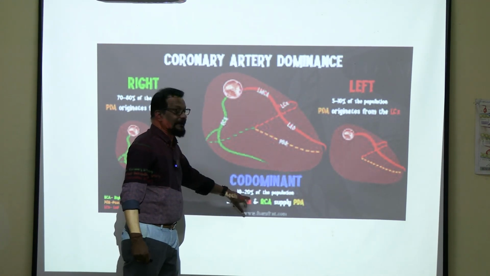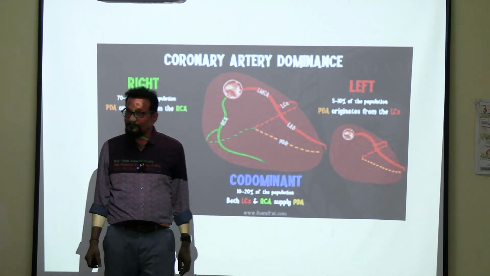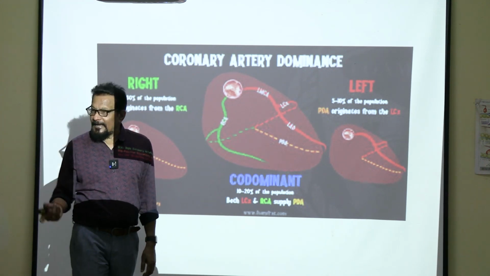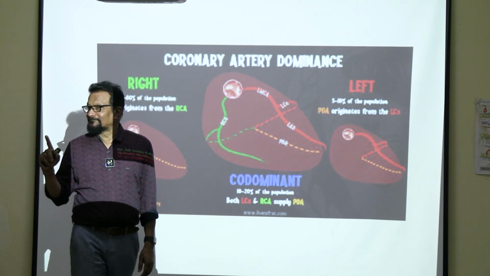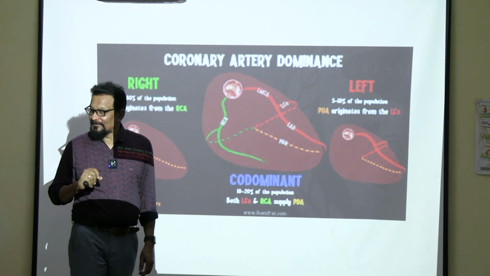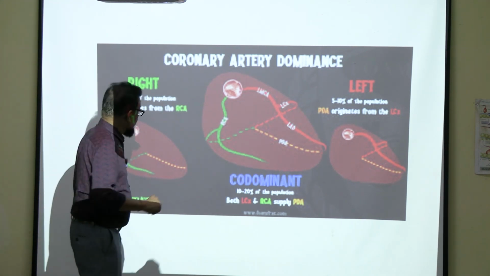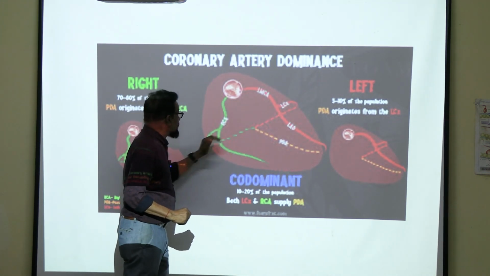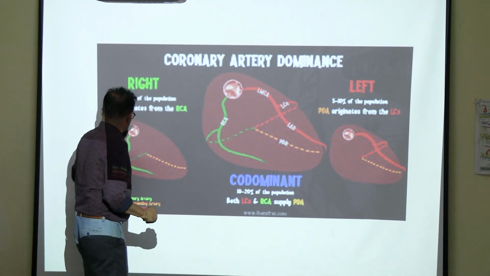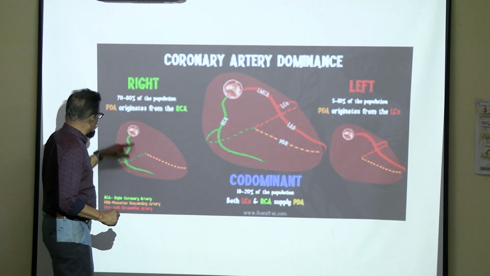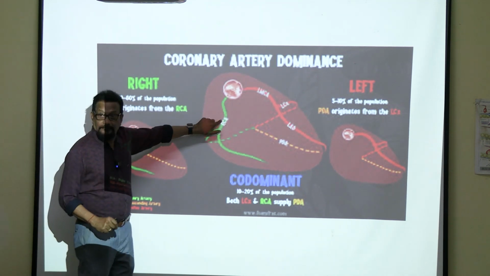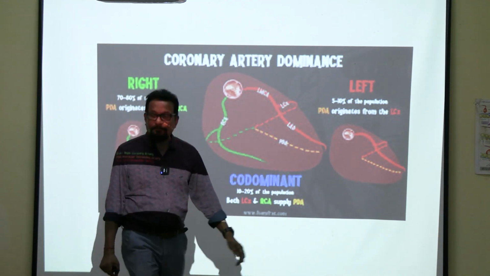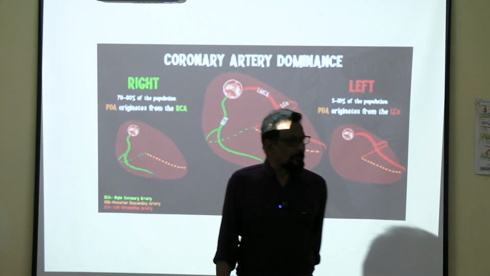These are present in 10 to 20% of people. Most unlikely, they develop atherosclerosis or any blockage. Okay. And if it is dominated by the right coronary artery, right coronary dominance, nearly 60 to 70% of people have this.